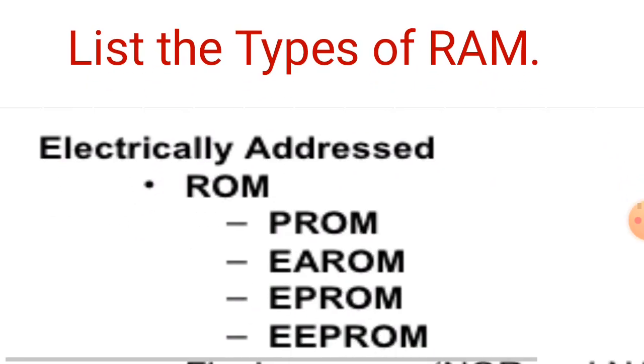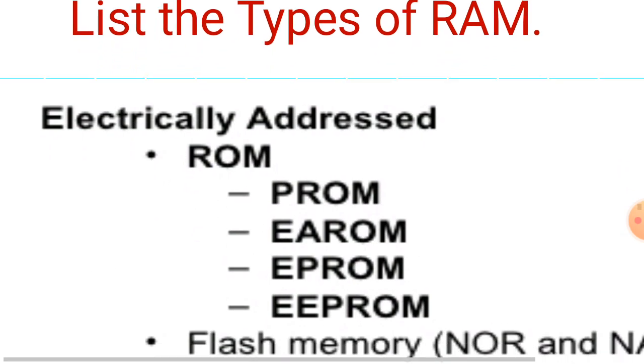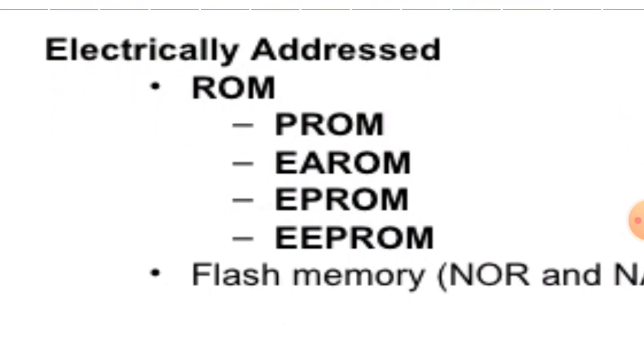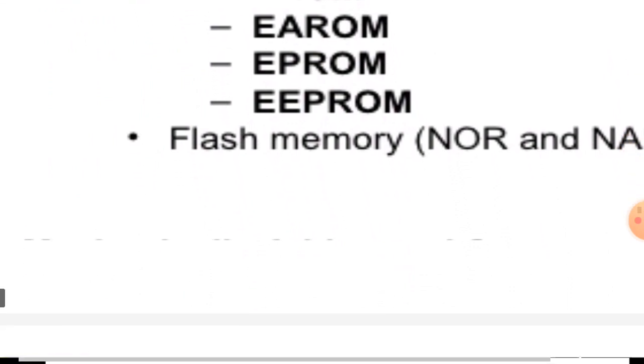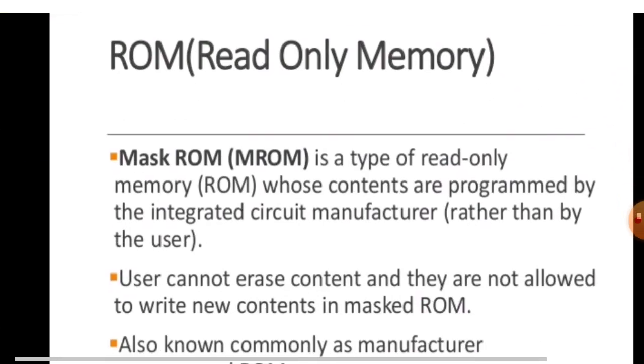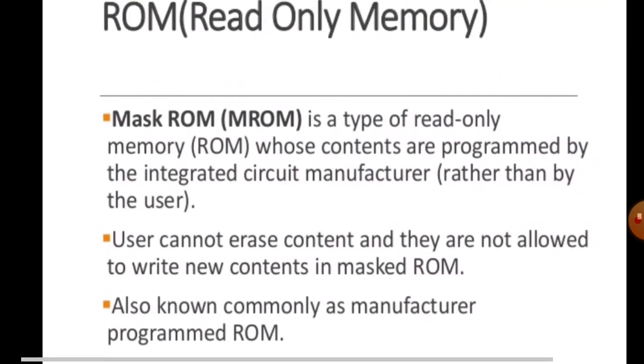Then list the types of ROM. The types are MROM, PROM, EAROM, EPROM, EEPROM and flash memory. In that, the first one is MROM, or read only memory, or you can say mask ROM.